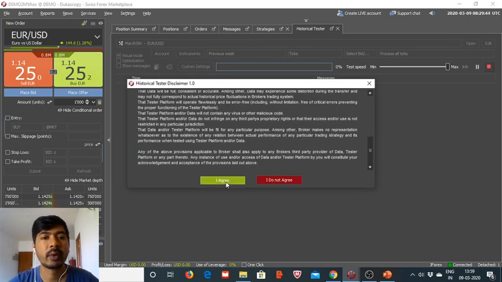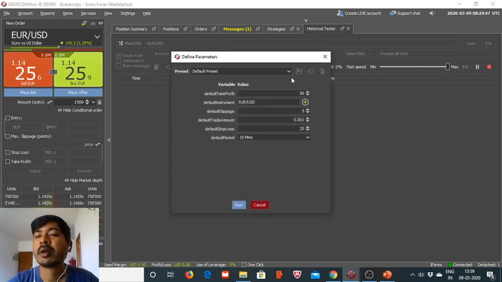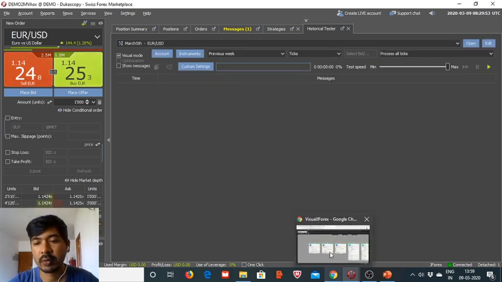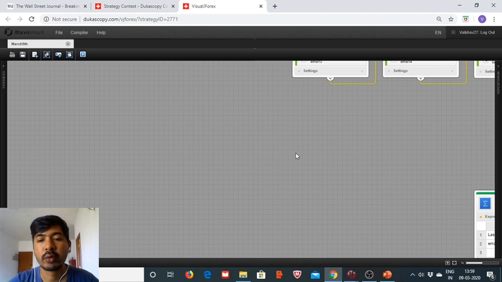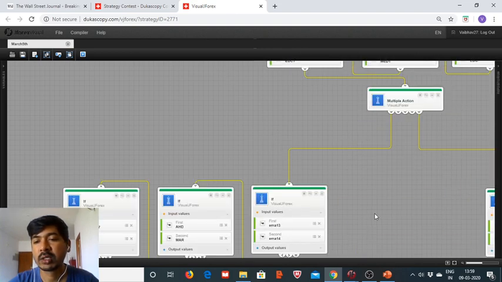This is the disclaimer from the microscopy, and let me check the parameters we have placed for executing the trade so that we don't mismatch.